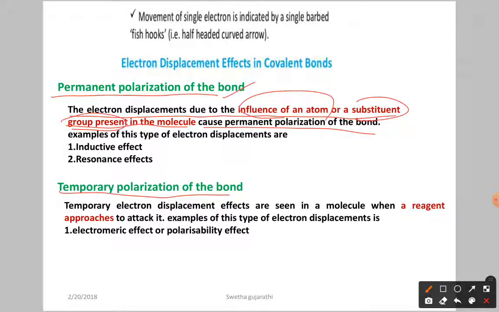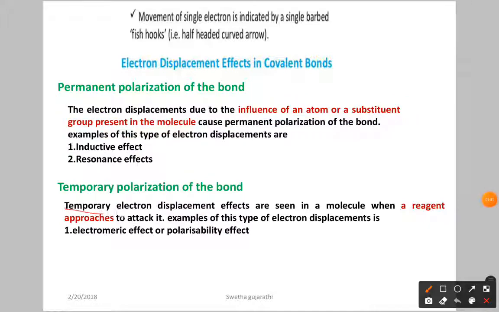In this type of electron displacement we are going to discuss the inductive effect and the resonance effect. These two effects are examples of permanent polarization of bond, meaning there is a development of permanent polarity.